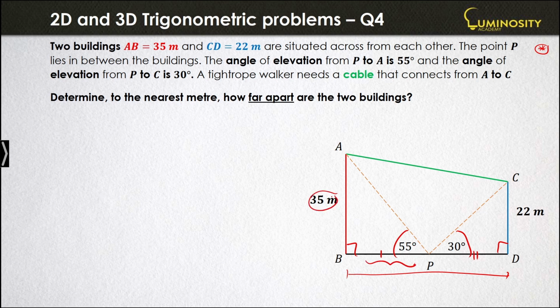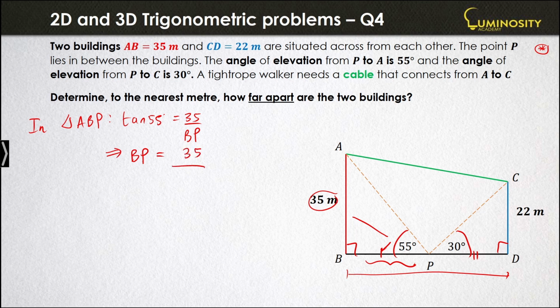So what trig ratio do we know that has an angle, an opposite, and an adjacent side? Tan. So I can say in triangle ABP, tan of 55 degrees is going to be opposite 35 over adjacent BP. So algebraically manipulating that, BP is then 35 over tan 55 degrees.